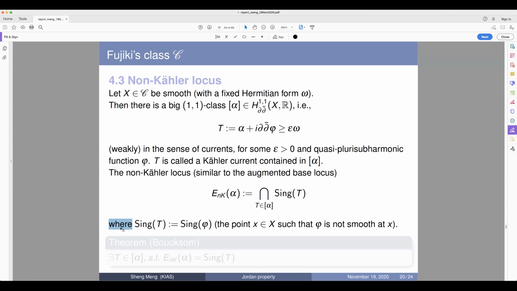It's defined by the class, not by this form. They use the notation for alpha instead of the bracket of alpha, but indeed it is defined for the class. For the definition, you can see it easily because it takes the intersection of all the currents in the class. This equality is important. The equality says that it's invariant. Without this equality, you don't know this.